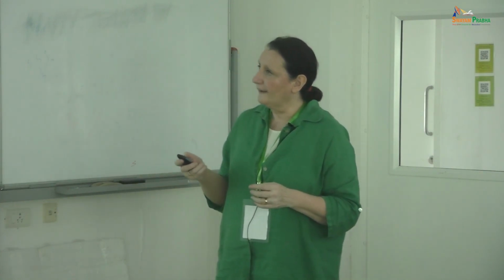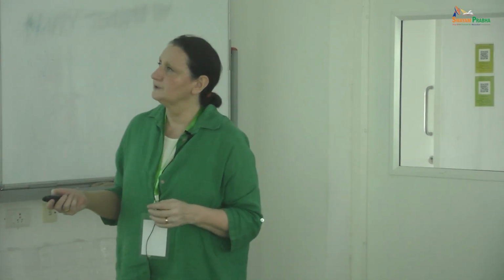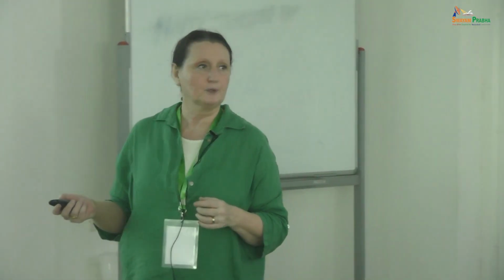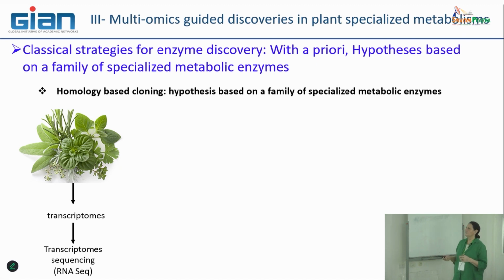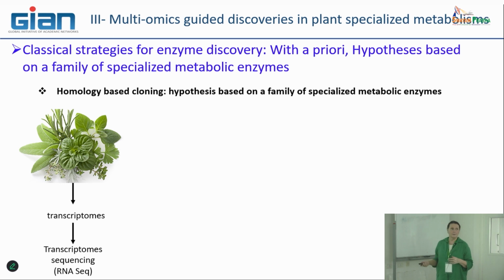A second way, which is also based on the use of a transcriptome, is homology-based cloning. It means that when you have different medicinal plants, you can extract the transcriptome, and after, by several techniques, you can sequence all the transcriptomes. So you have this information at this moment.